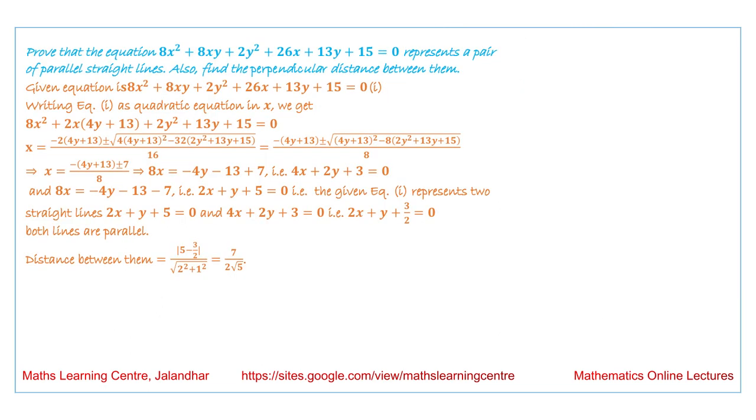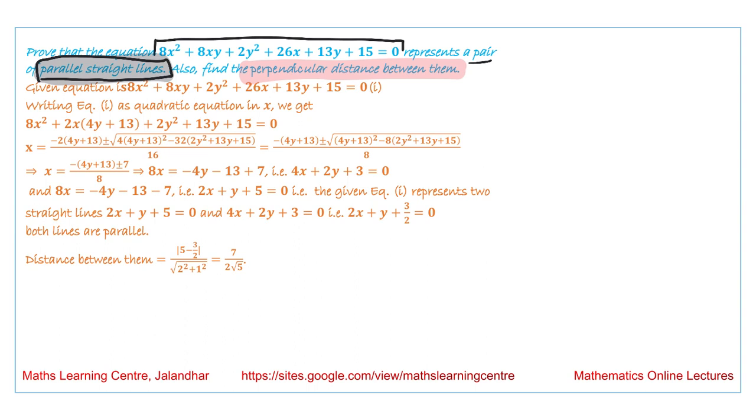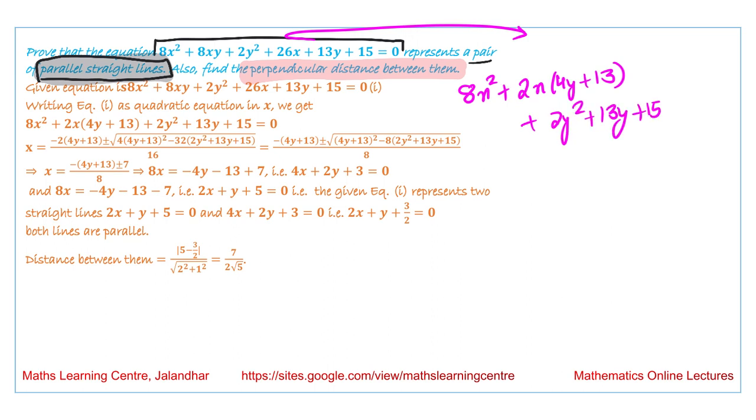Next is: prove that the equation given by this joint equation represents a pair of parallel straight lines, and further find the perpendicular distance between them. So when we are talking about this first equation, we write it in the form 8x square plus 2x into (4y plus 13) plus 2y square plus 13y plus 15 is equal to 0.